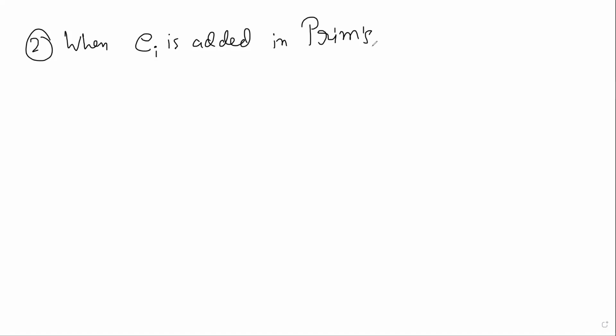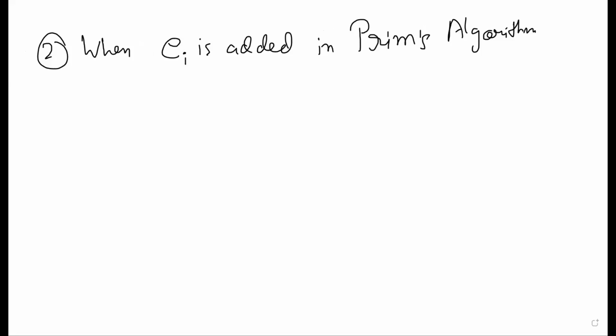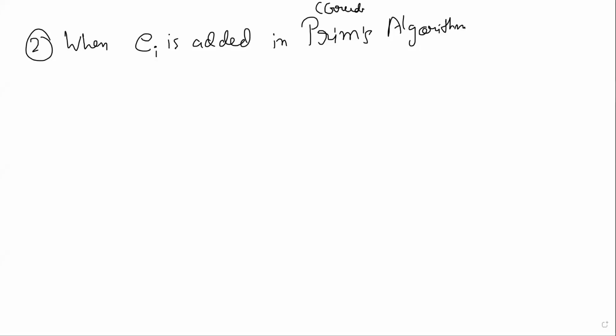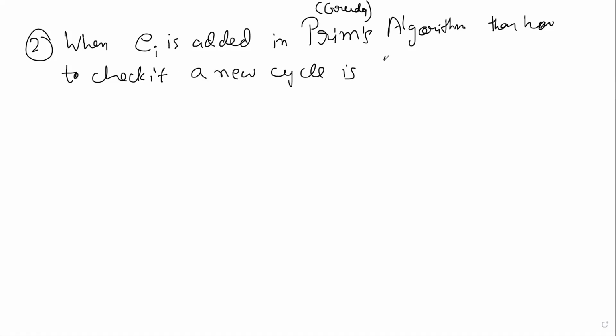In any case, Prim's algorithm, or the greedy algorithm rather, is a greedy algorithm. There are others also. So for this particular thing, when Ei is added in Prim's algorithm, how to check if a new cycle is formed or not.